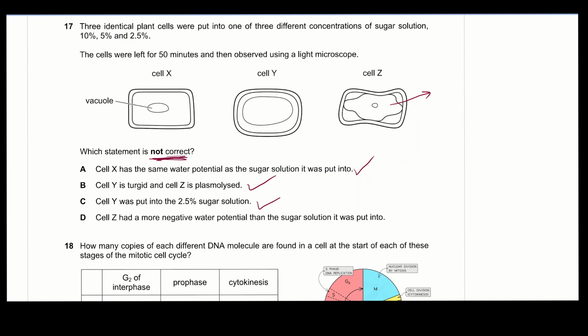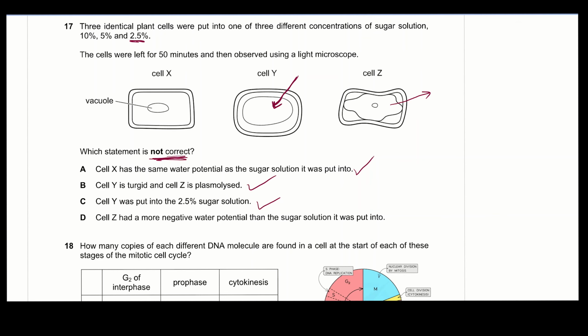This is correct. The reason for this is because it's the lowest sugar concentration out of all 3. So water will enter the cell by osmosis down the water potential gradient, because outside has a lower sucrose concentration.